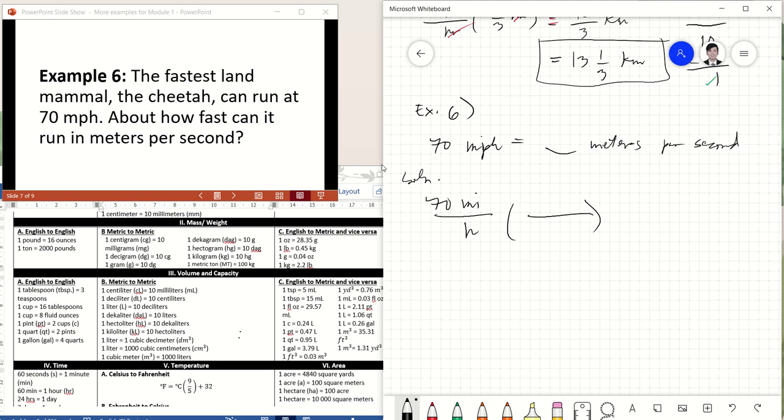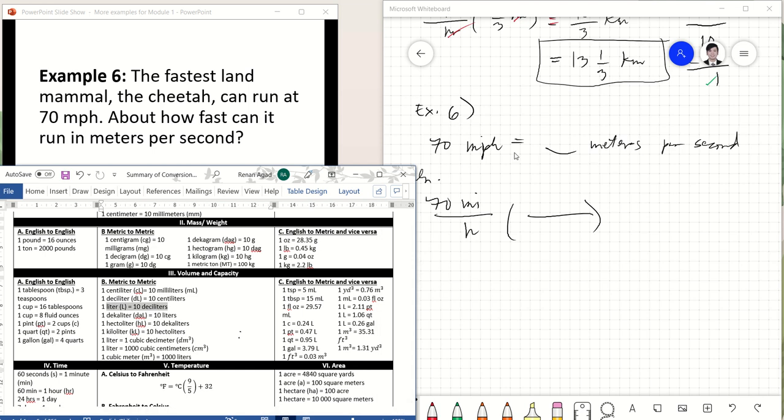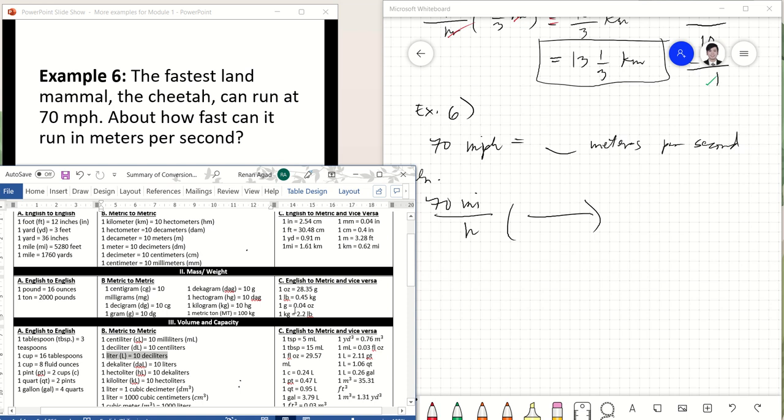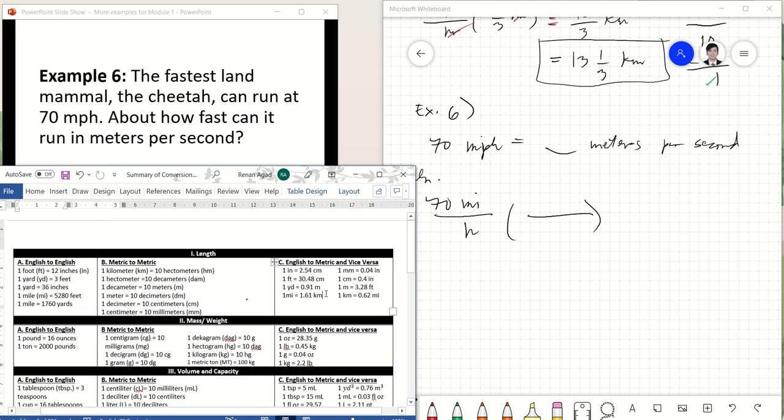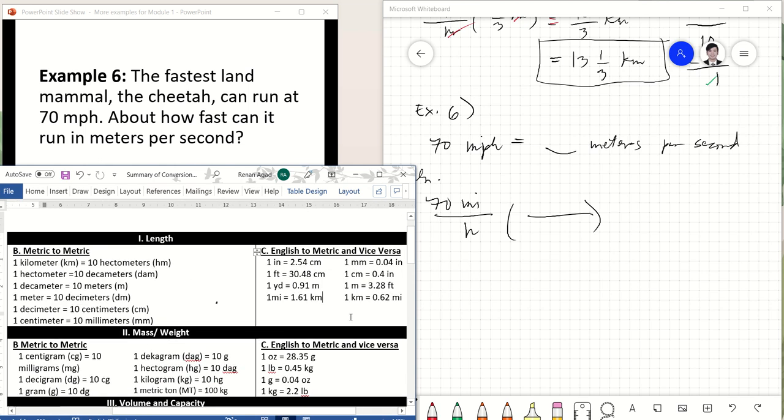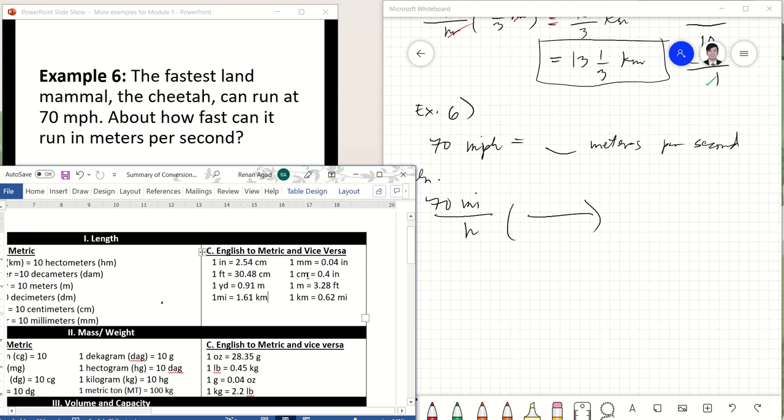So first, we need to convert miles to meters. So look, meters and miles are both length, and meters is metric, miles is English. So we look at English to metric here. So look at the connection between miles and meters in here.